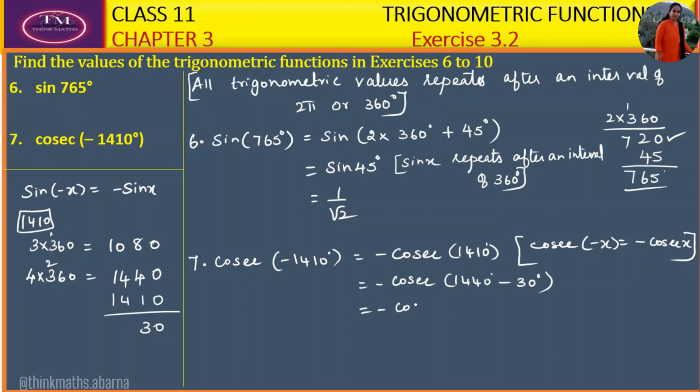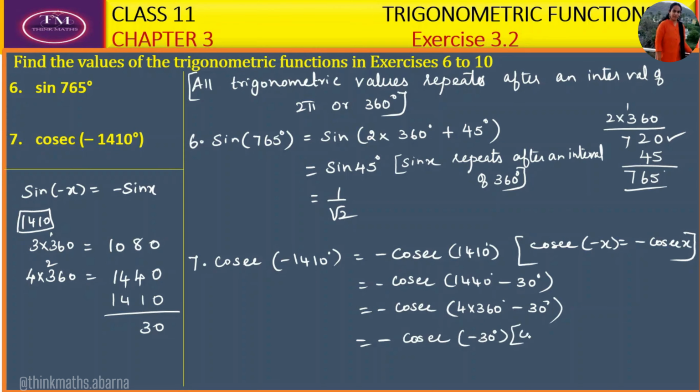So what is 1440? It is nothing but 4 into 360. 4 into 360 minus 30 degrees. Okay, children? So we know that all values repeat. So cosecant also repeats. So let us write cosecant x, not in this step, we have to write it in the next step. It is equal to minus. As it repeats, we have to ignore this and write just the value remaining. Remaining is minus 30 degrees.